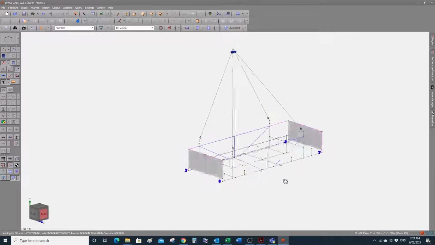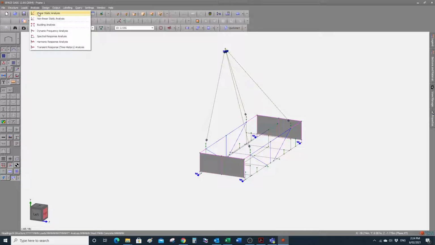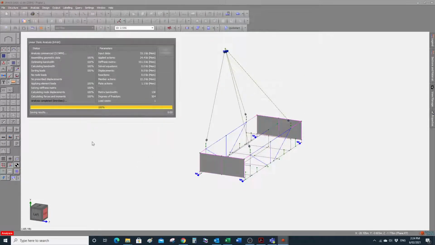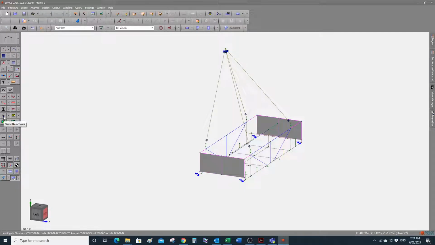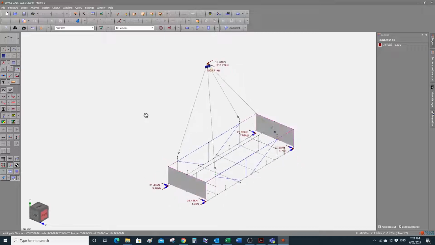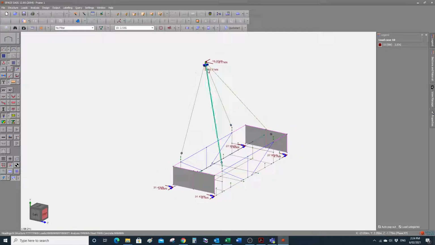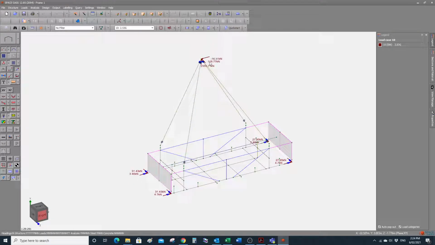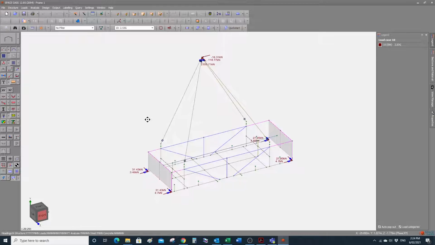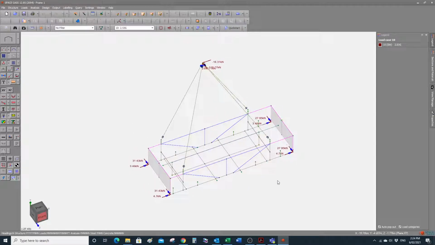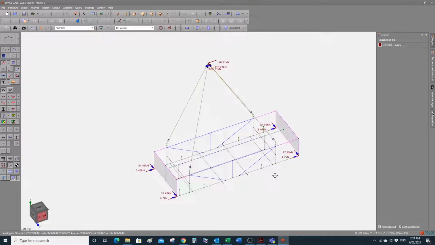Now my model is ready for analysis, so I can analyze it, and we will take a look at the reactions. And what we see here is a vertical reaction which we expect to be there, but relatively big horizontal reactions at the hook, which is not possible, not realistic, and also at the soft springs.